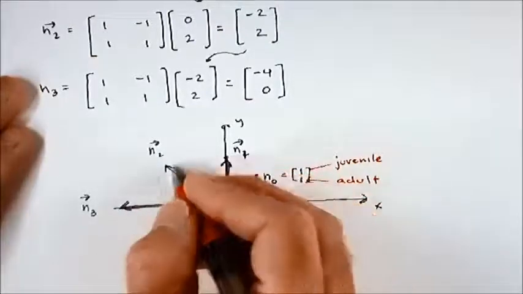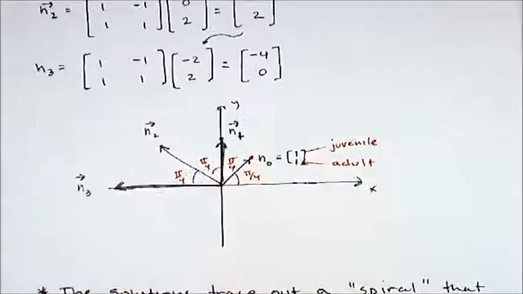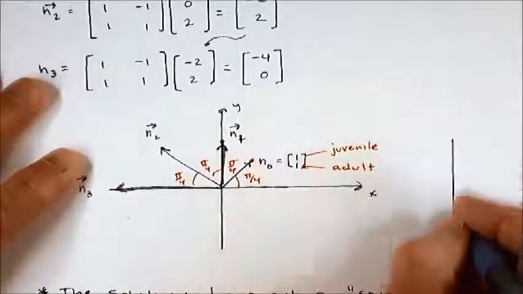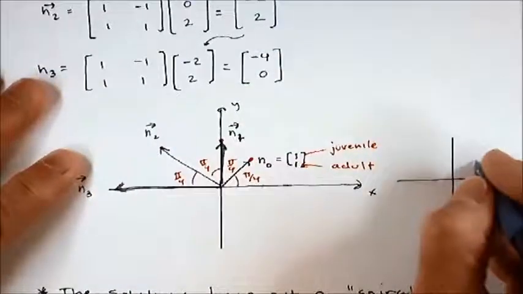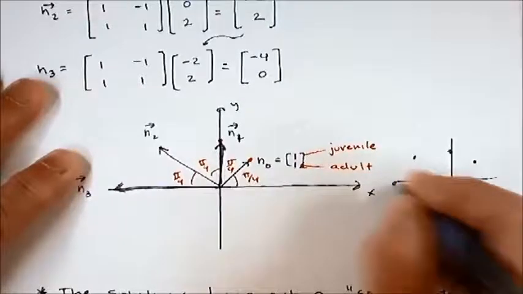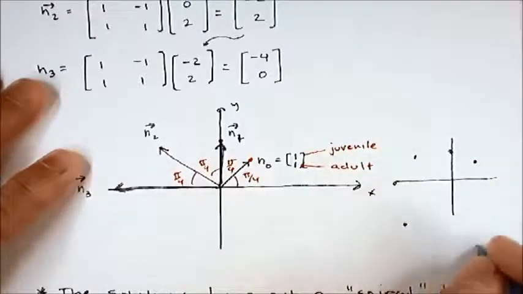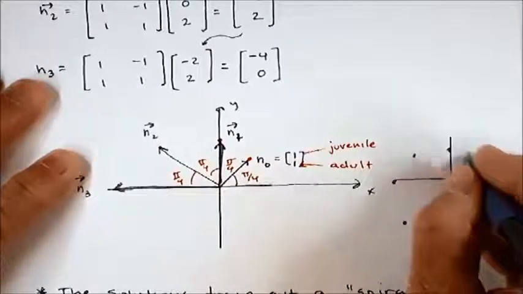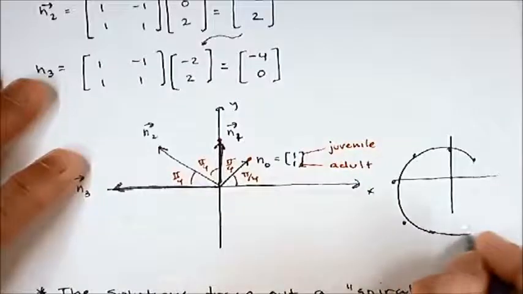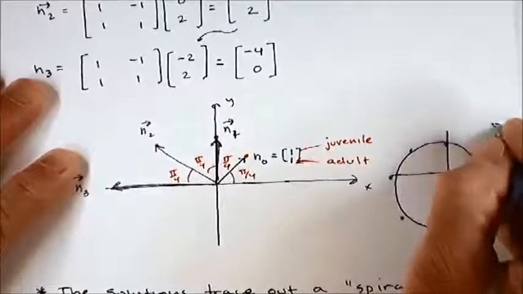If you think of these as a bunch of points, what you can kind of imagine, I could just draw this right here. Population here, here, here, here, here, here, is a spiraling population that's getting bigger and bigger and spiraling outward.